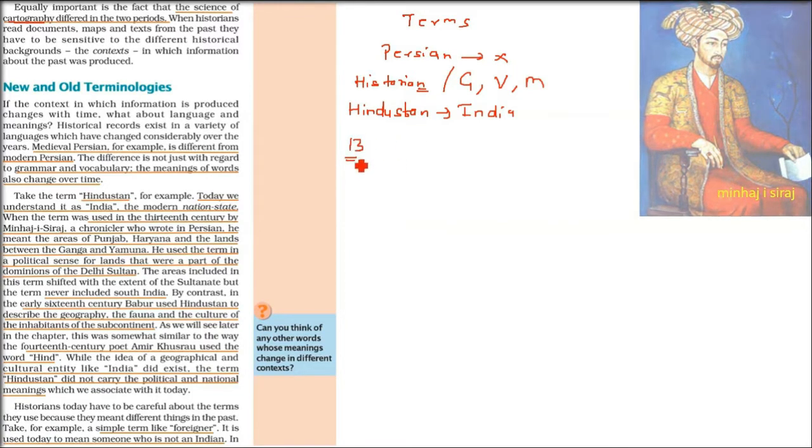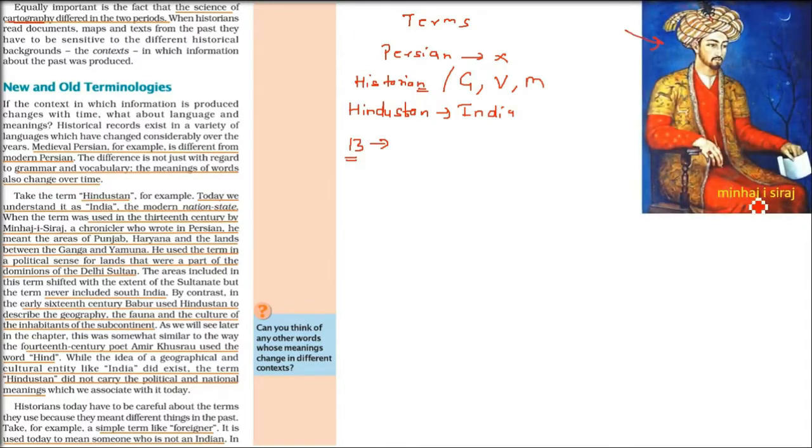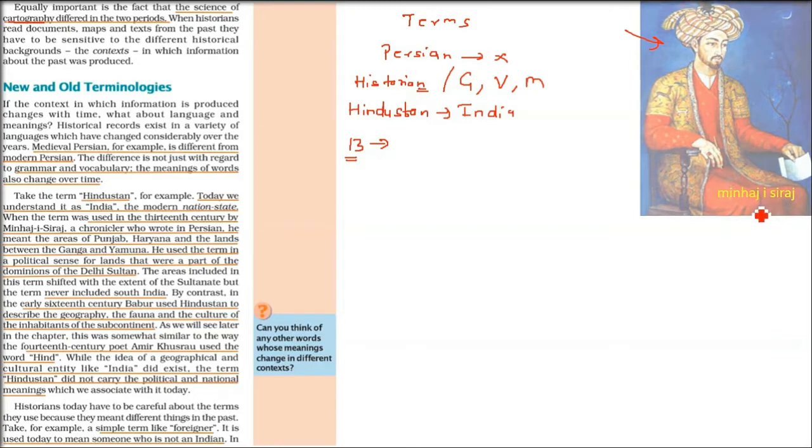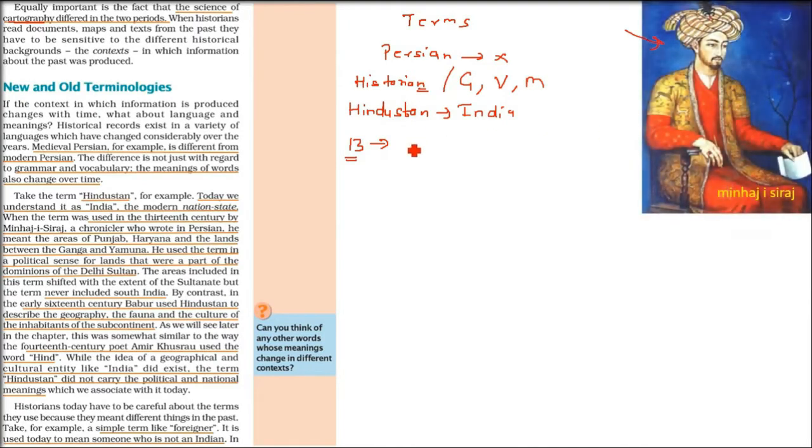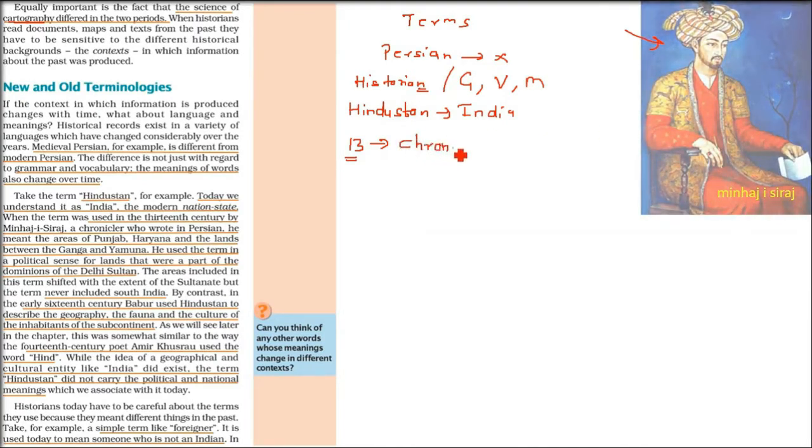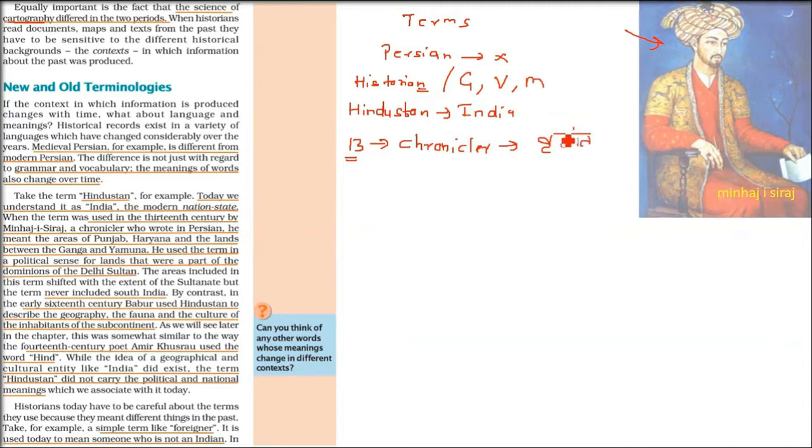In the 13th century, there was a chronicler, Vrittant Lekhak, Minhaj Siraj. He was not a historian. He was a chronicler who used to write chronicles, like the travel chronicle or blog we have right now.